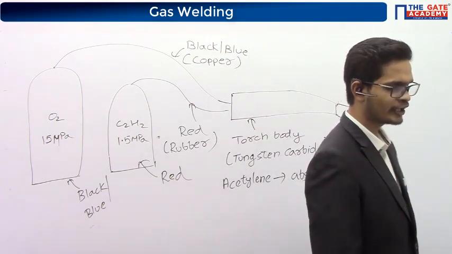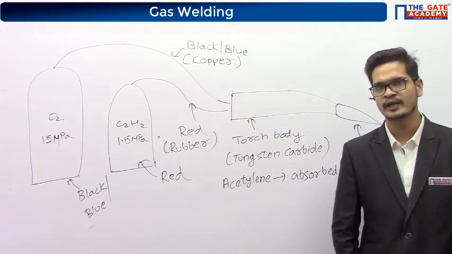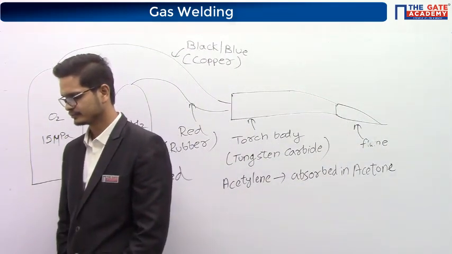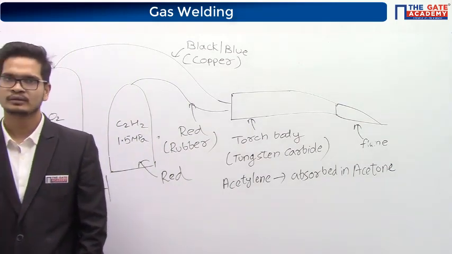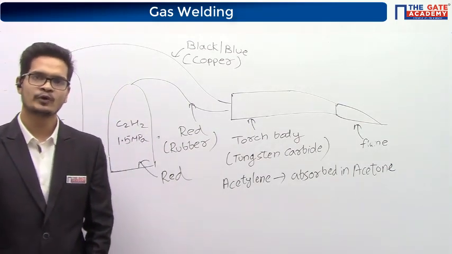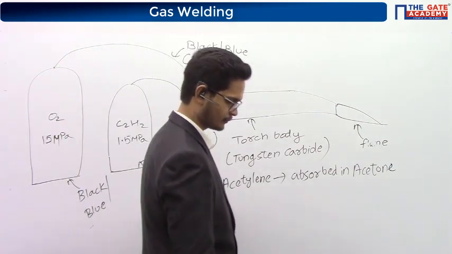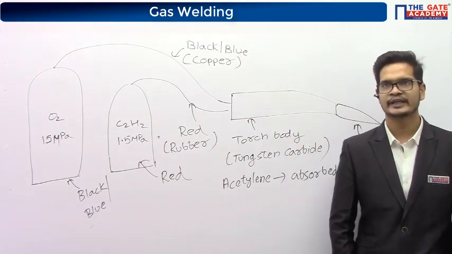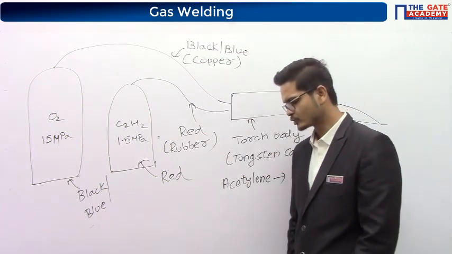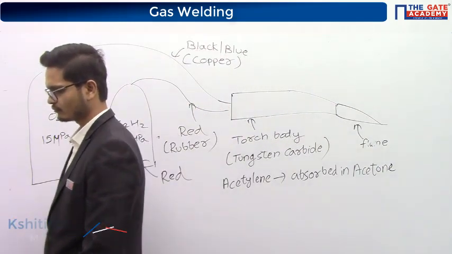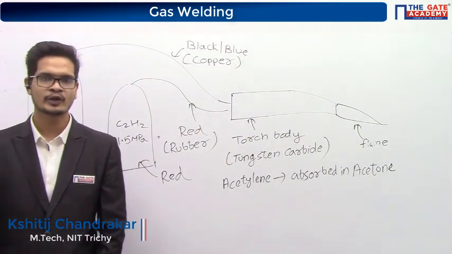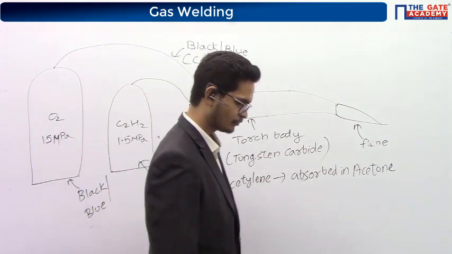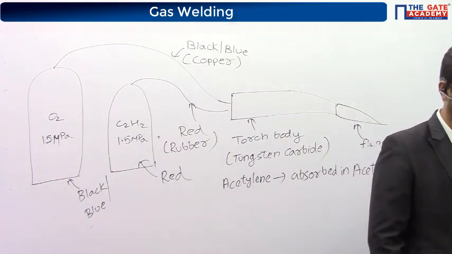And at 1.5 megapascal, 1 liter of acetone can absorb up to 400 liters of acetylene.